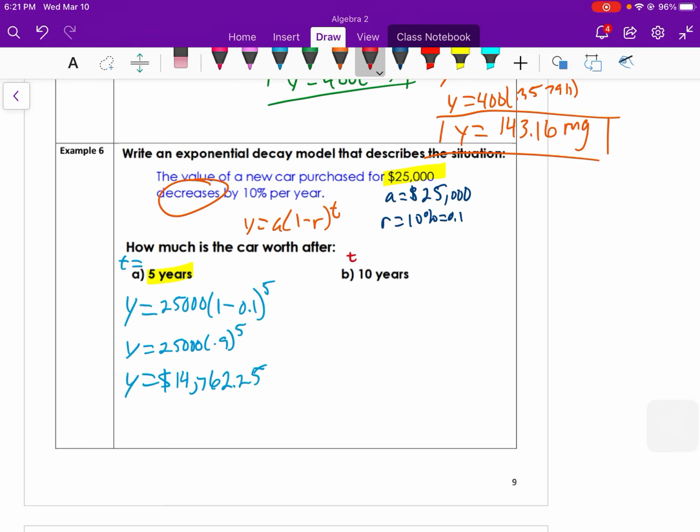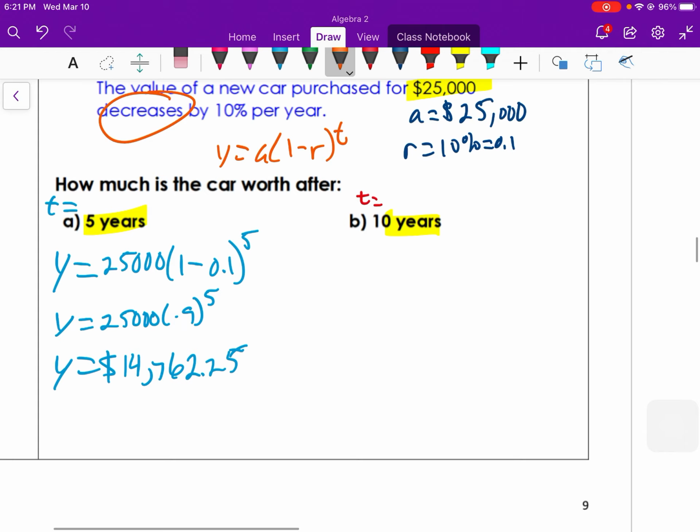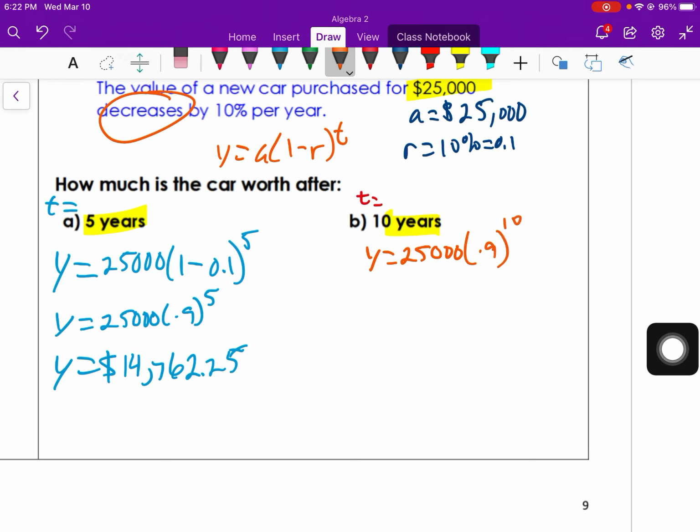Now in this case, t equals 10 years, so we're going to substitute that in to see how much the car is worth after that amount of years. So y equals 25,000 times, this would be the same, it'd be 0.9 to the 10th power.